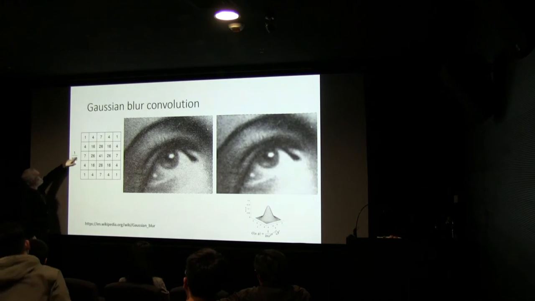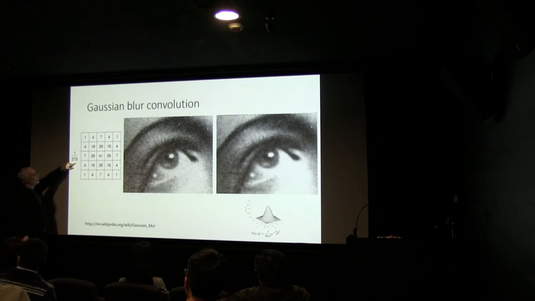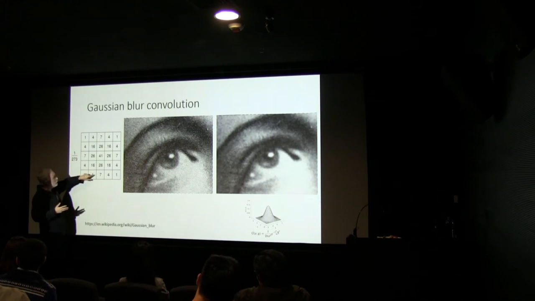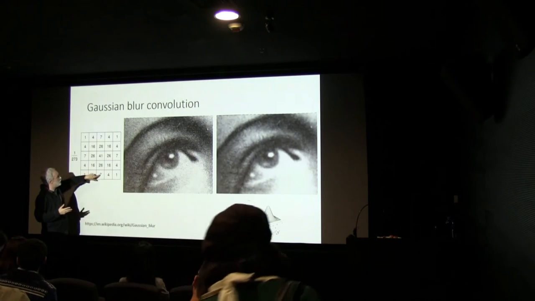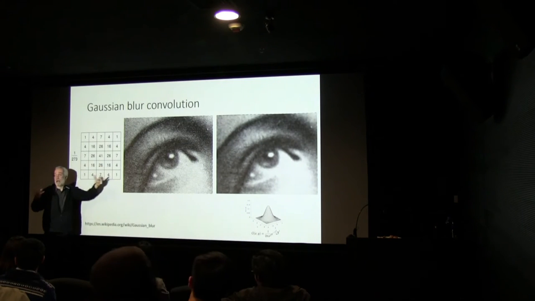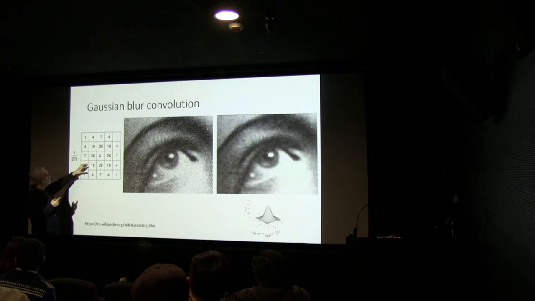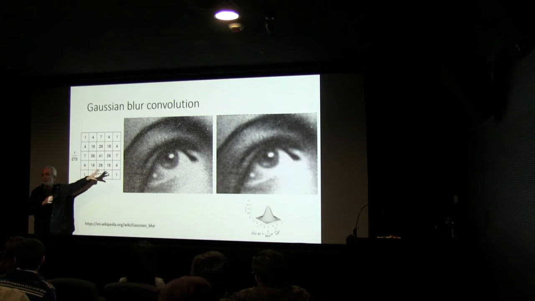We also multiply by a normalizing factor. This doesn't matter, but I have to tell you one thing about kernels. If you're so inspired by this talk, you decide to go home and do this yourself, it's very important that all the entries in the kernel should add up to 1. If not, the kernel will change the overall brightness of the image.